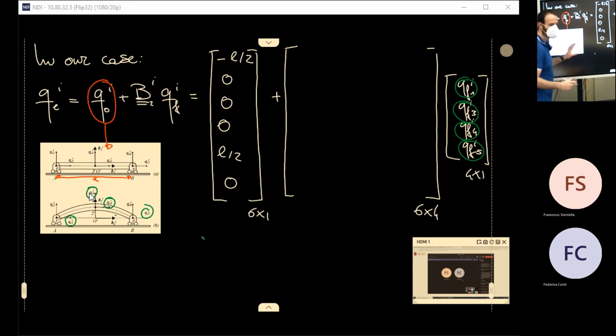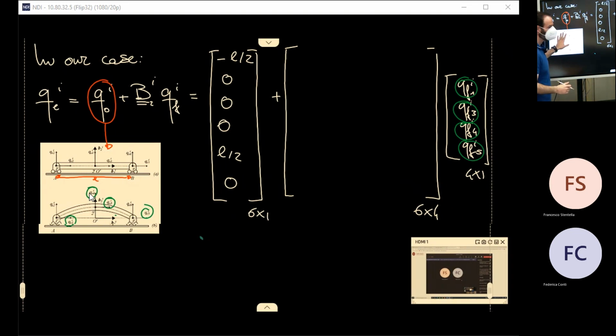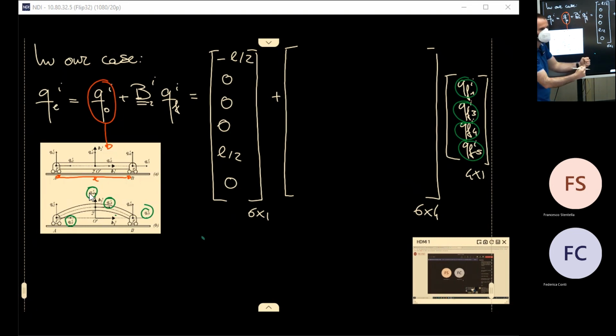What I'm saying is that when you select these element frame, sorry, these nodal coordinates, you automatically select where the body frame is. If you tell what they are, you automatically define where and how the body frame follows the body. And this means actually enforcing a reference condition.